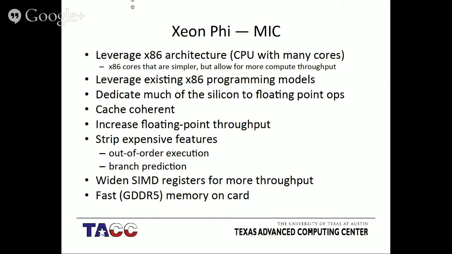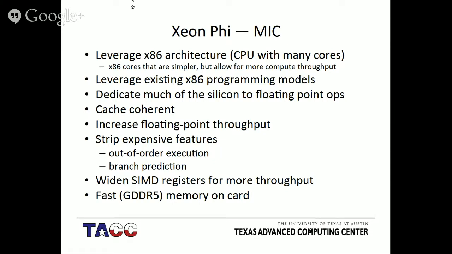And the cores are a little bit simpler, and they allow for more compute throughput. So now, one of the advantages of having a coprocessor, an accelerator that is very much alike to your host, is that you can use all the programming models that are used on the host also on this coprocessor.